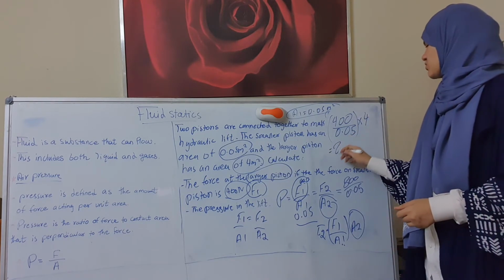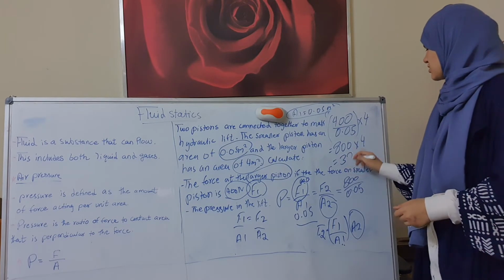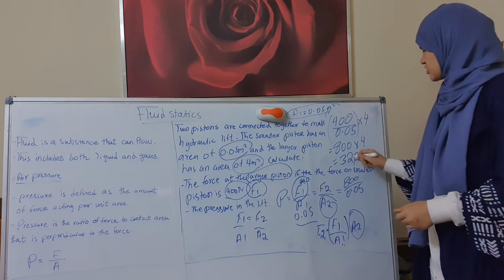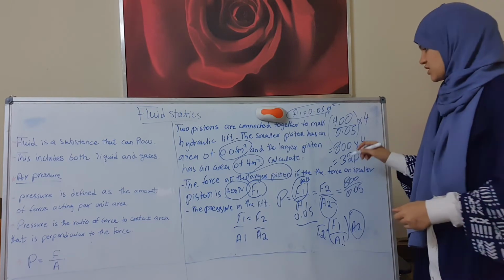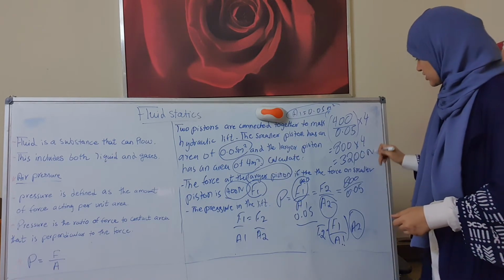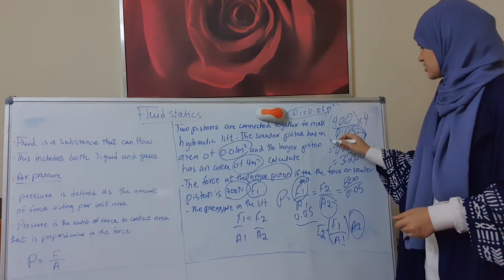So as the last answer, it will be 800 times 4. That means 3200, because 800 times 4, so 0, 0, and here 32.